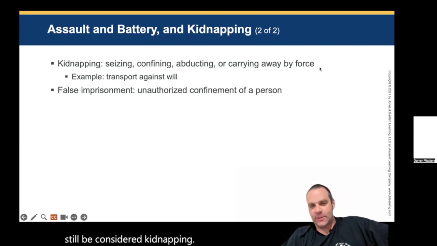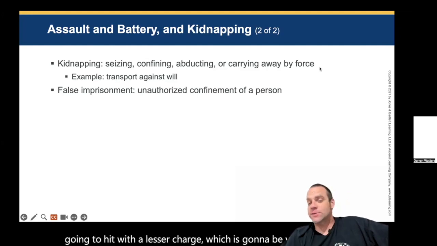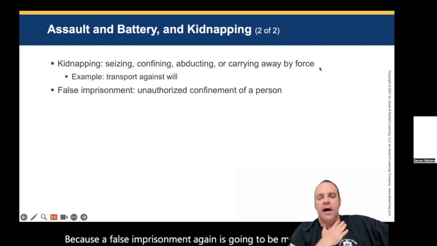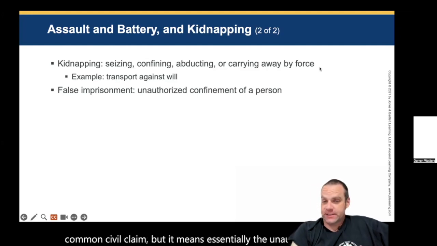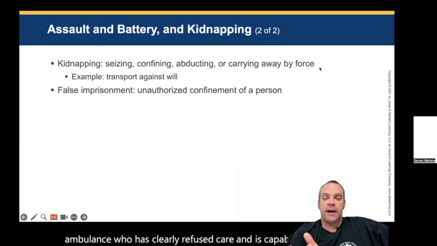It's rare now, but it is possible. Usually, you're going to get hit with a lesser charge, which is false imprisonment. False imprisonment is more of a common civil claim, and it essentially means the unauthorized confinement of a person, like keeping someone in an ambulance who has clearly refused care and is capable of making their own medical decisions.